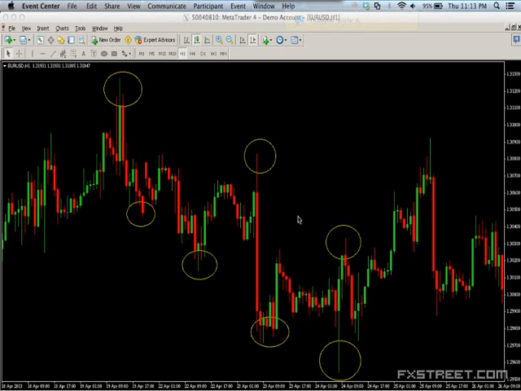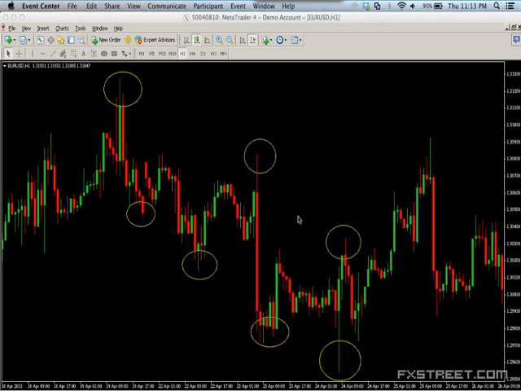So that's the first level that I want to avoid: simply buying in the face of sellers. There's no way I'm going to get away with that. The next thing, I want to be aware of the key reversals in the market.